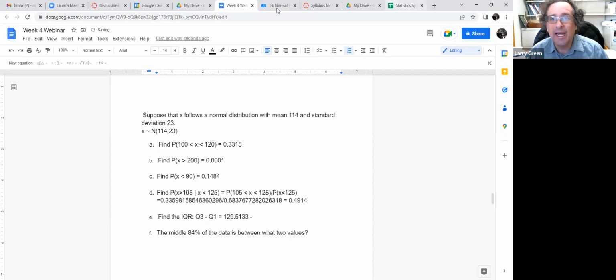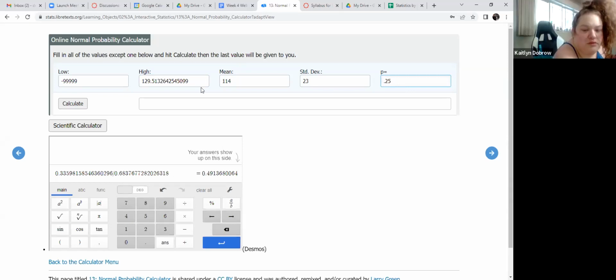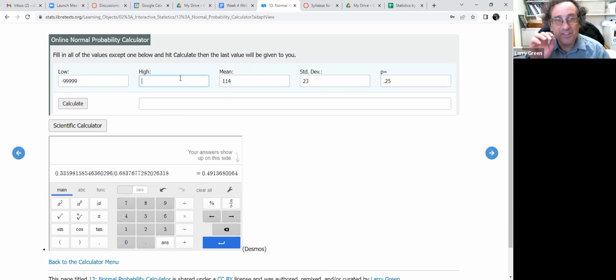Minus, and now we want to do Q1. And the good news is, it's the same idea, but instead of 0.75, what do we use? 0.25. And again, everything else is the same. We don't know the high. Let's find the high. And it's 98.4867.